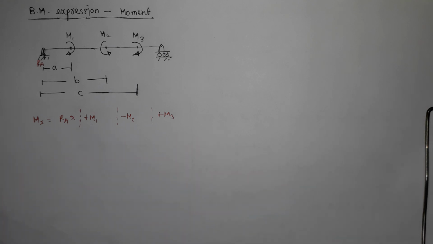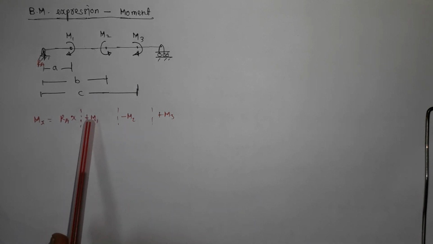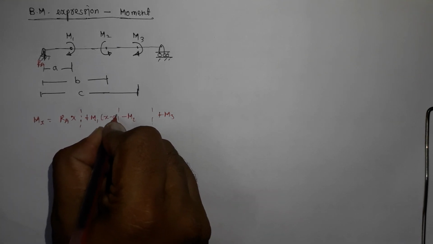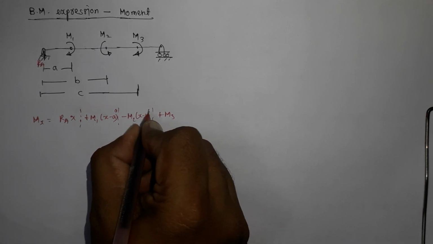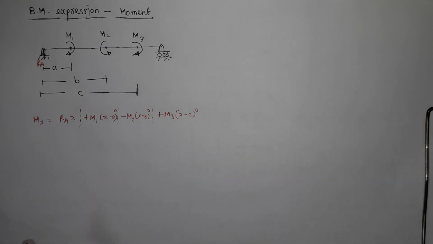But here Macaulay suggested to write the bending moment expression, when a moment is acting in this manner, as M1 into (x minus a) raised to 0, M2 into (x minus b) raised to 0, M3 into (x minus c) raised to 0. It is only because this method is a double integration method.